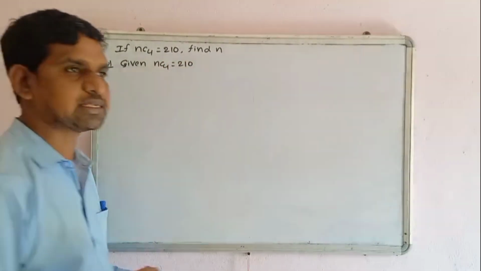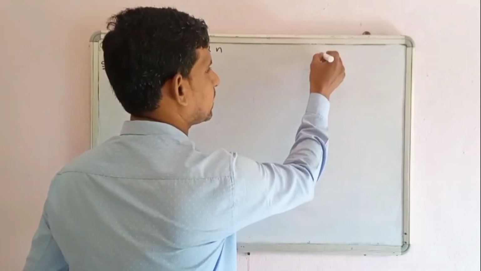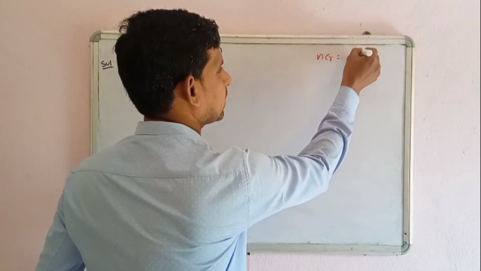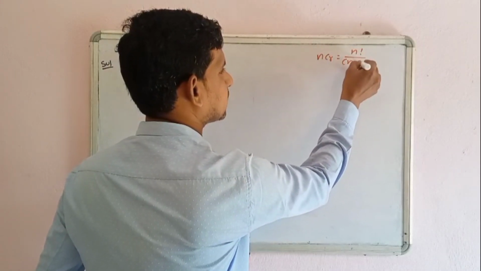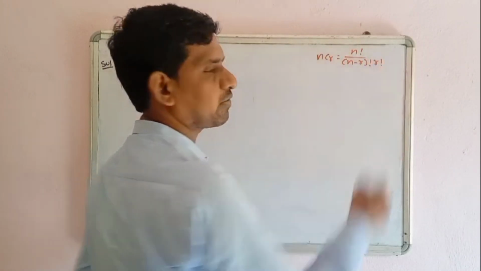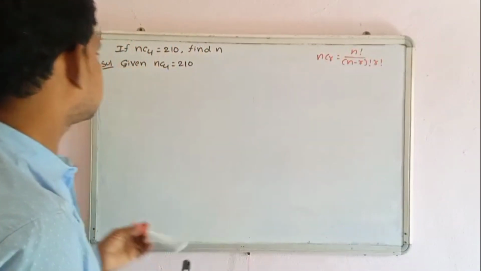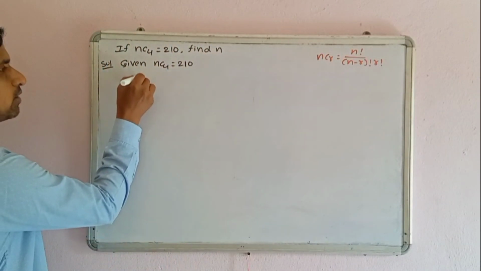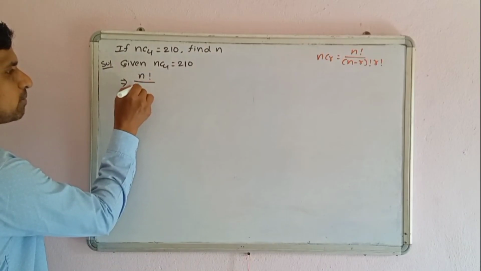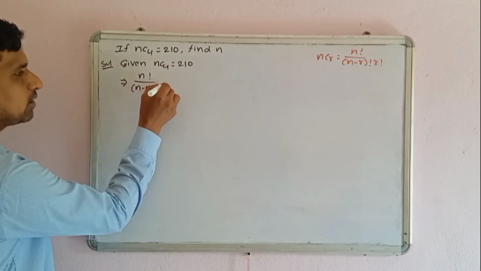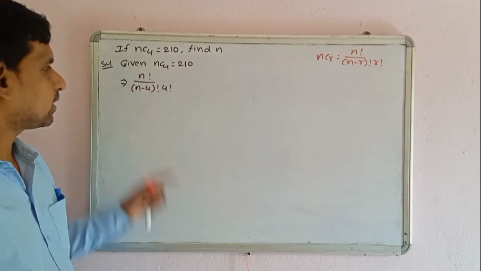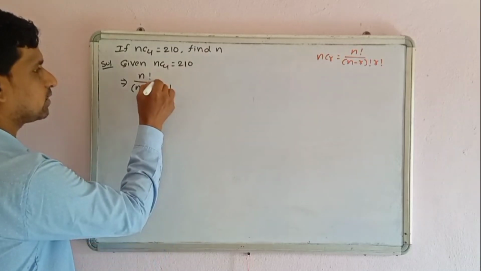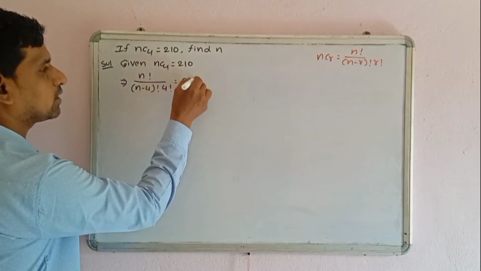What is the formula for nCr? n factorial by (n minus r) factorial into r factorial. So n factorial by (n minus 4) factorial into 4 factorial equals 210.